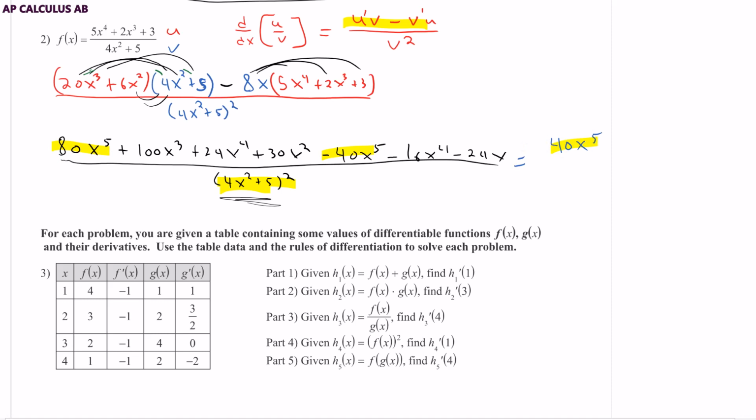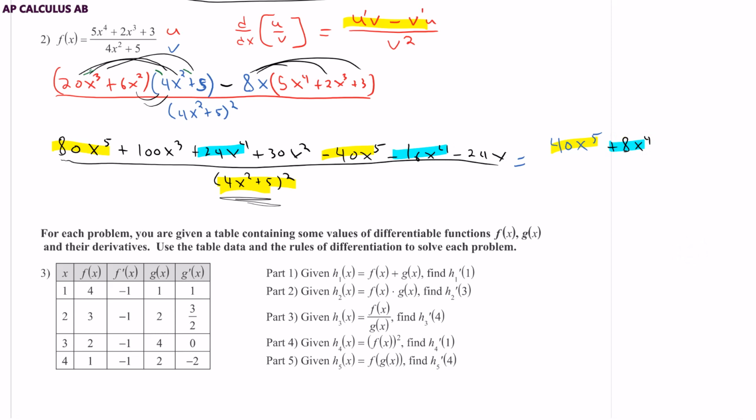Right, I have 100x cubed. Actually, let's not do that yet. Let's do the fourth powers first, since that's the next biggest exponent. 24x to the fourth minus 16x to the fourth is going to give us plus 8x to the fourth.